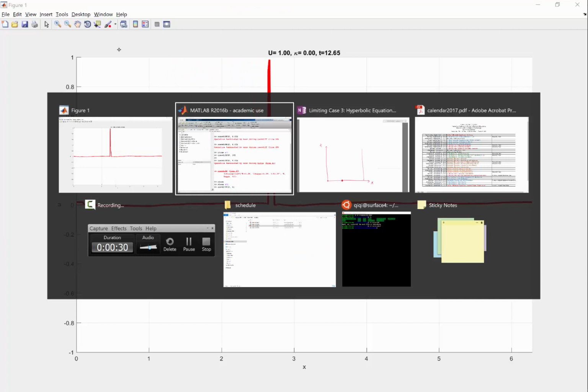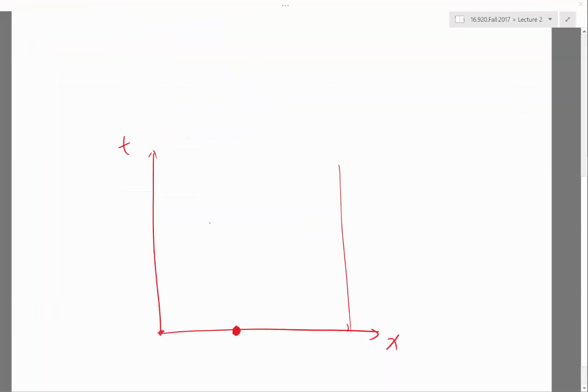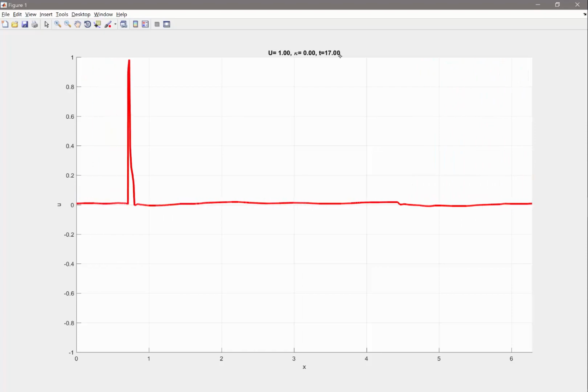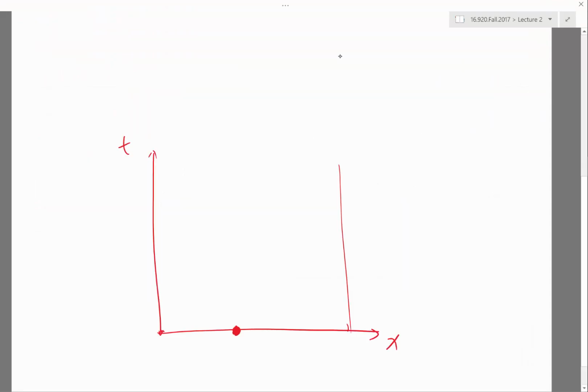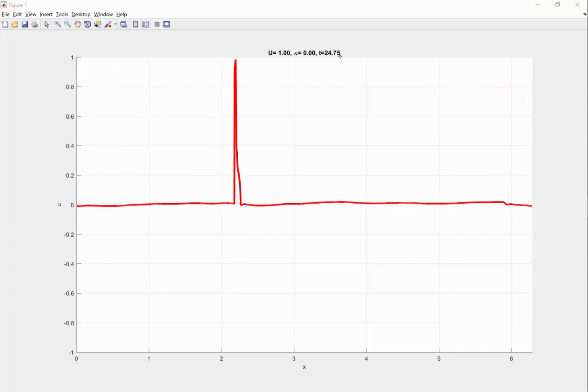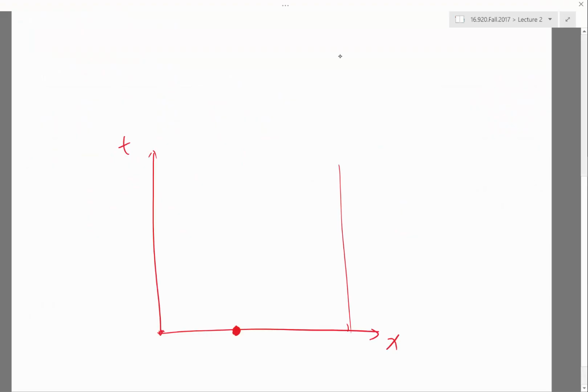But in this space-time plot, t keeps increasing. What is actually this spike? The spike is local in space for any given time. But in the space-time plot, what will it be? A line, right? Basically, we see this propagates towards the right.